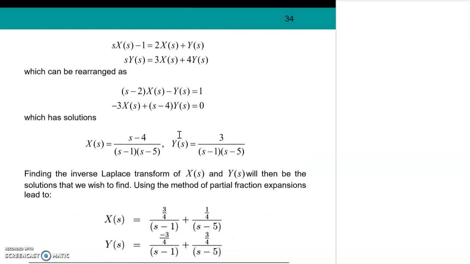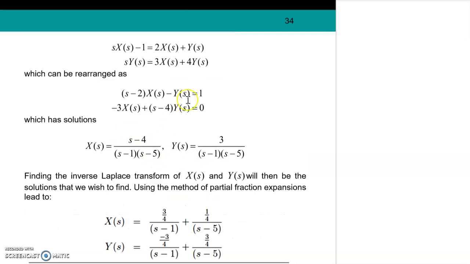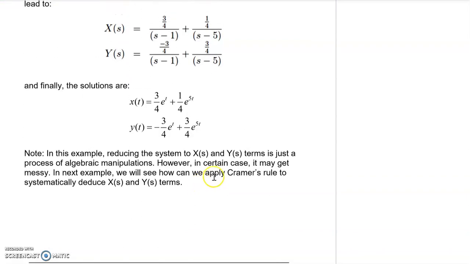How you get from here to here is just manipulation. But in certain cases, the process could be a little bit messy, and you may get confused. So in the next example, we'll see how we can apply Cramer's rule.